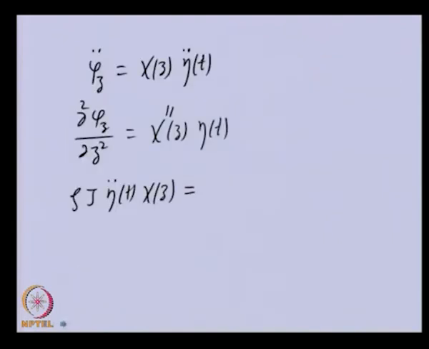So, we will have G J and the double derivative of that function, so we get chi double derivative with respect to z, and eta of t.